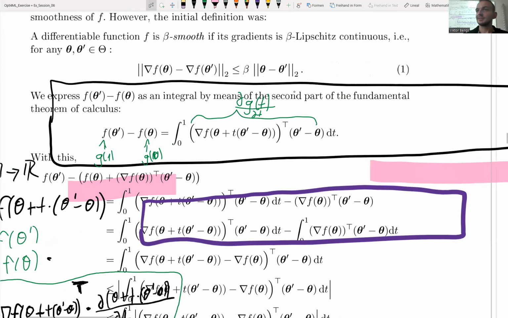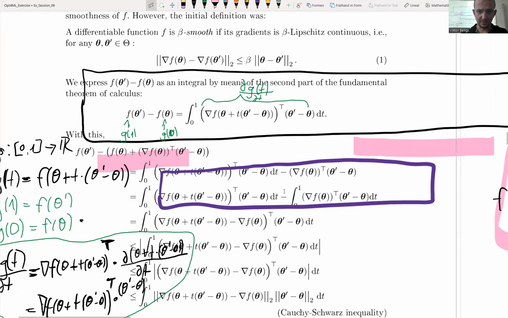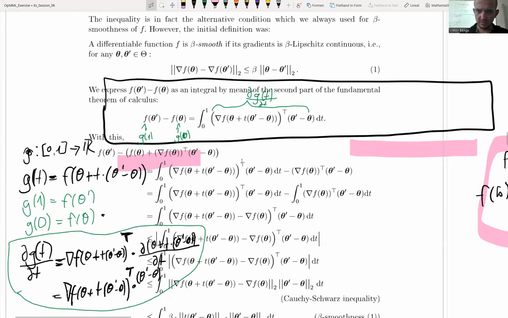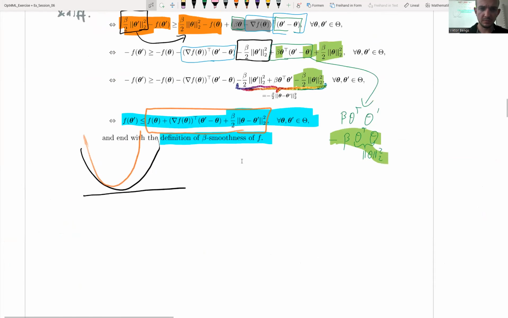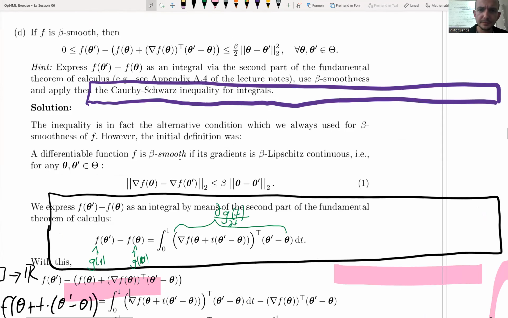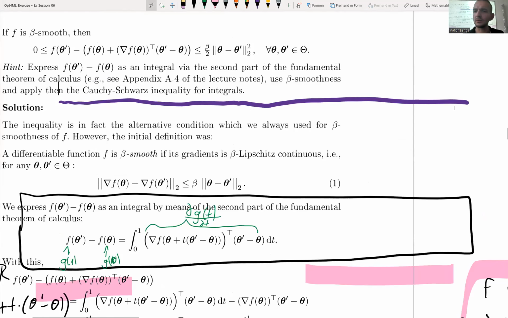So you see, this was indeed the tricky part, how to use this. Something went wrong here with the encircled things. Sorry, I don't know what happened here.